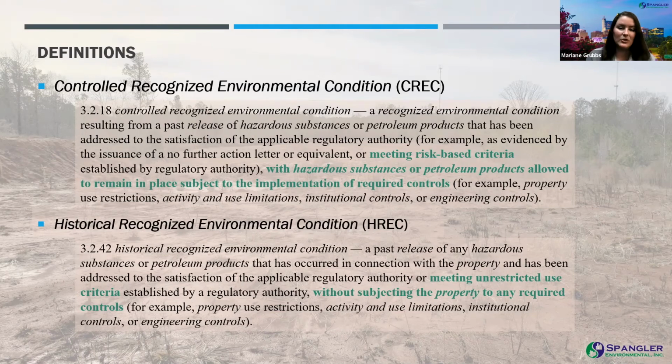If it meets the risk-based criteria and they allow contamination to remain in place at the site with institutional or engineering controls, such as a deed restriction or some sort of permanent remediation system in place at the site, that would qualify as a controlled REC. In both cases, a notice of no further action or the equivalent would be issued by the regulatory authority and that incident would close out.